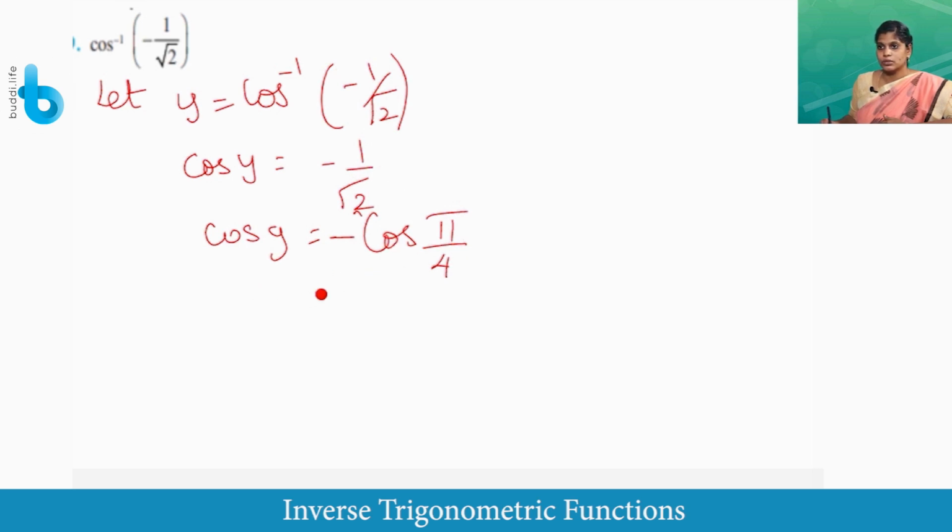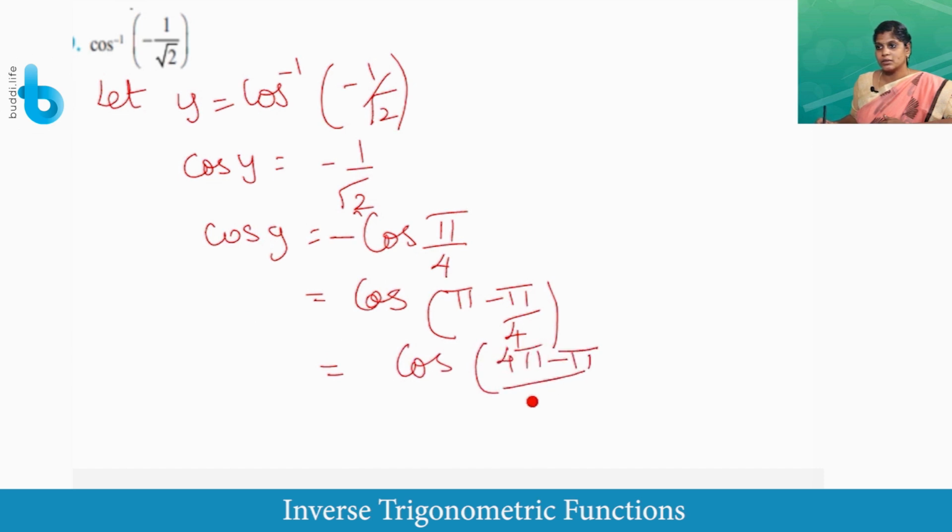So here again, cos value will never get its angle minus. So what you will do, you will change the theta value now. So cos y will be cos of pi minus pi by 4, which is cos of 4 pi minus pi divided by 4, which is again cos of 3 pi by 4.